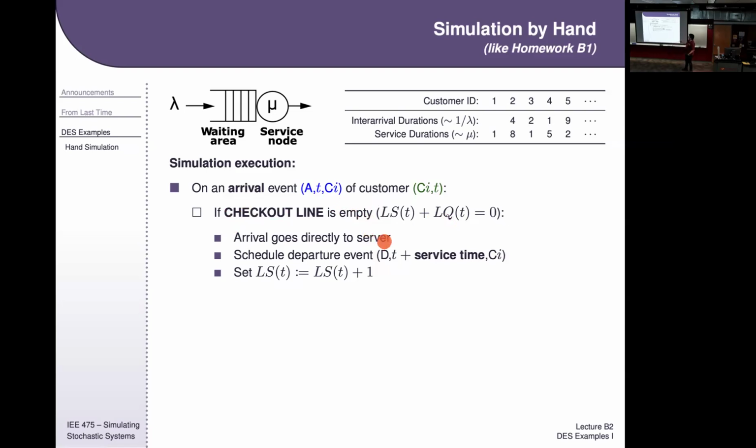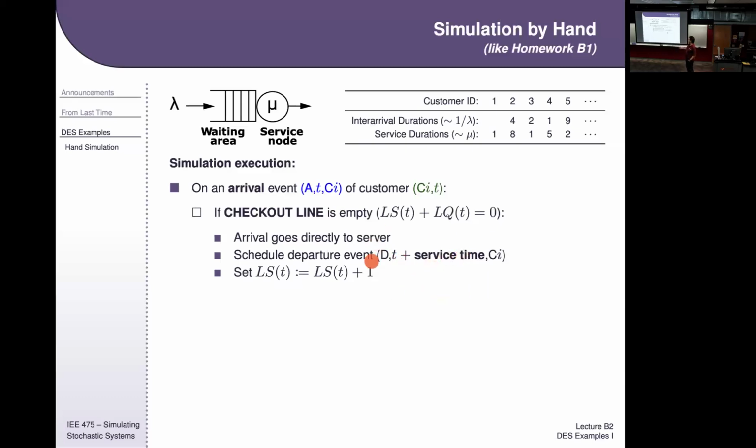So how do we do that? Well, there's 2 things we do to put the customer in the server. We schedule their departure event. We look up this customer and look down at their service duration, and we add their service duration to the current time. That will be when they depart. Then we create this departure event. We put D, so we remember it's a departure event.